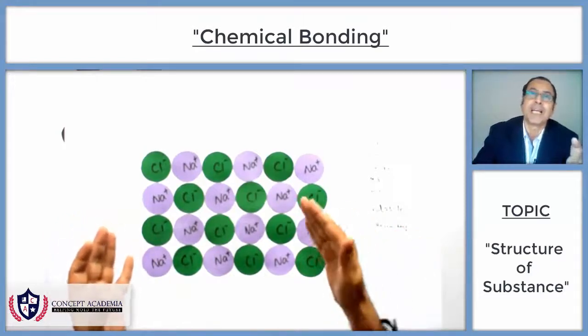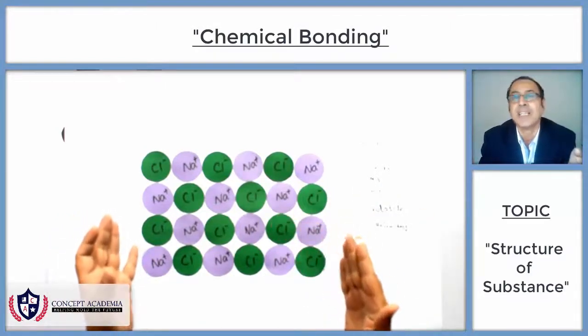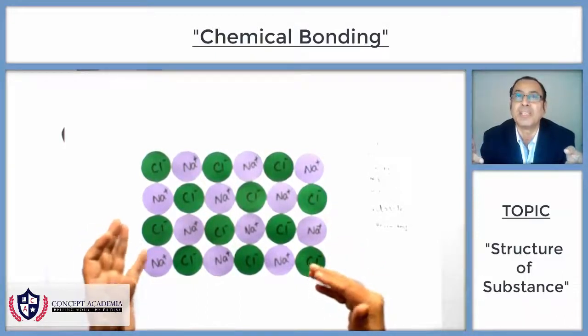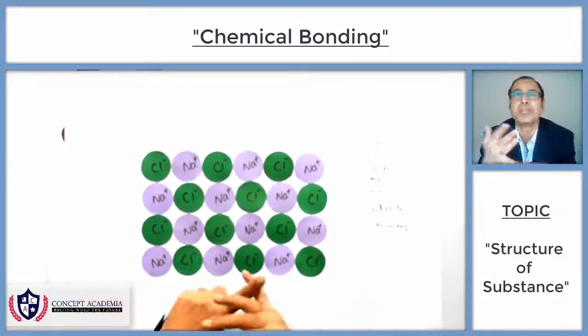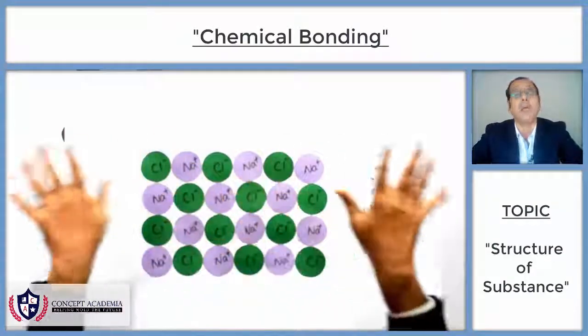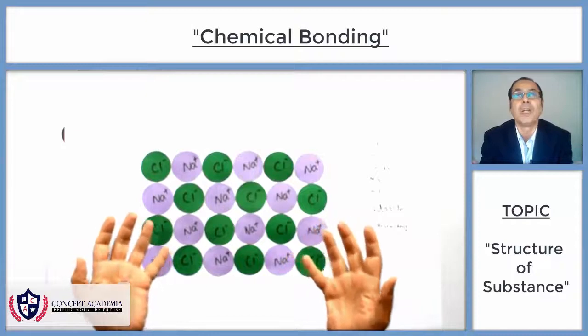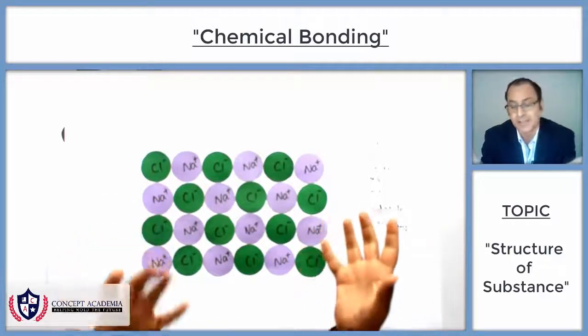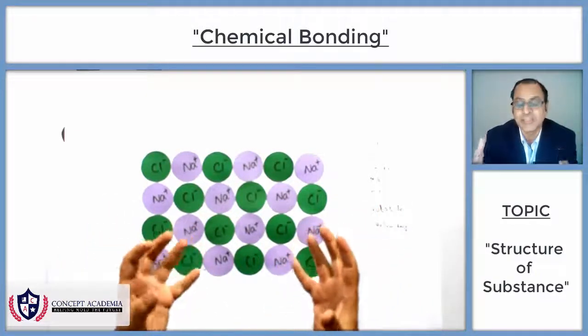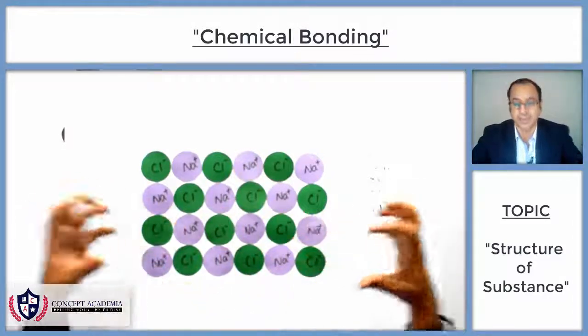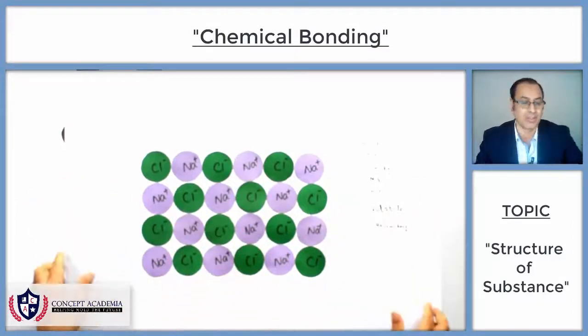These types of material are called refractory material. So ionic compounds can be used as a refractory material, and all these properties depend upon the structure and the type of the bonding, that is the positive and negative ions arranged in a regular way and attracting each other very strongly.